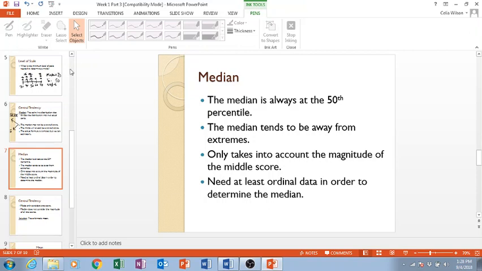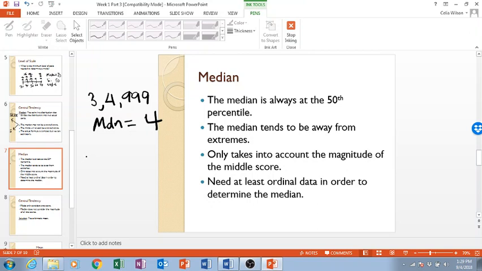Let's look at just a little tiny data set. So how about 3, 4, and 999? All right, so what is my median in this one? It's going to be 4.